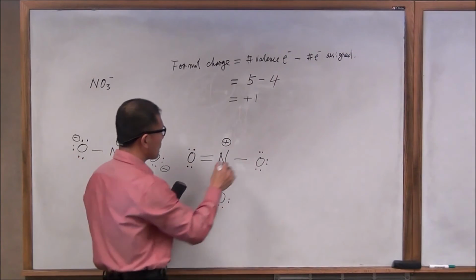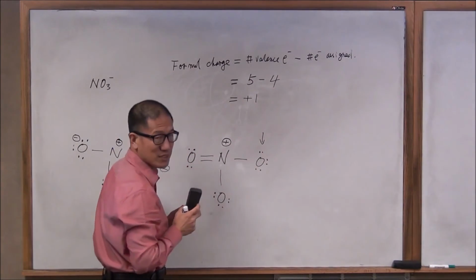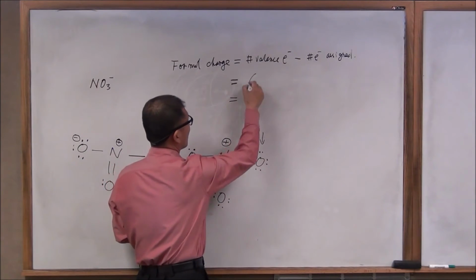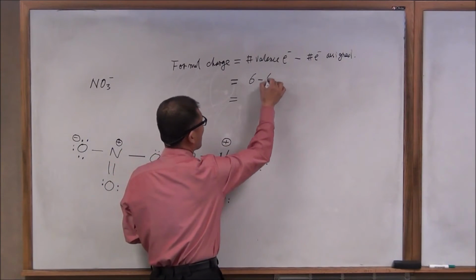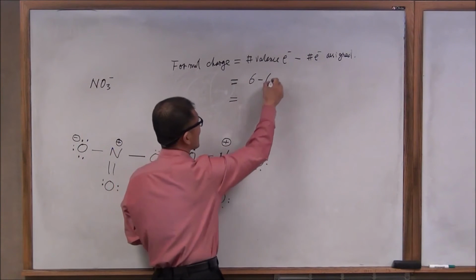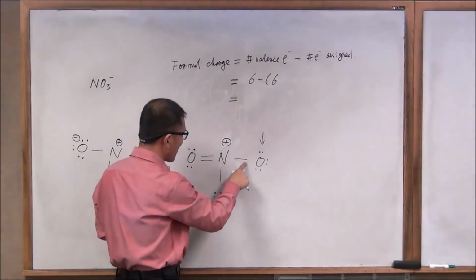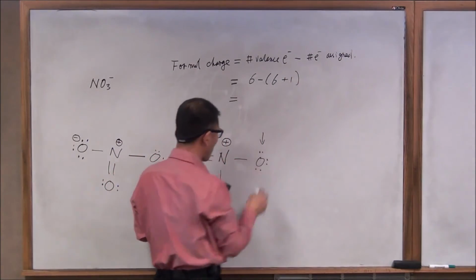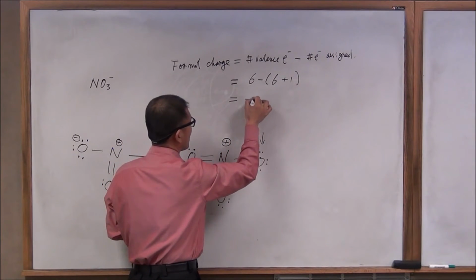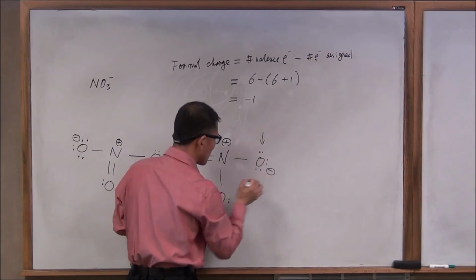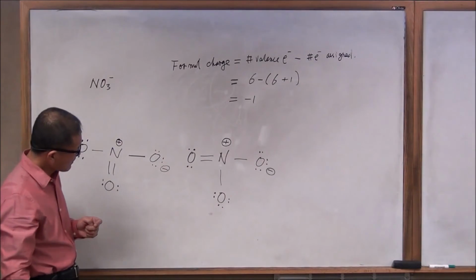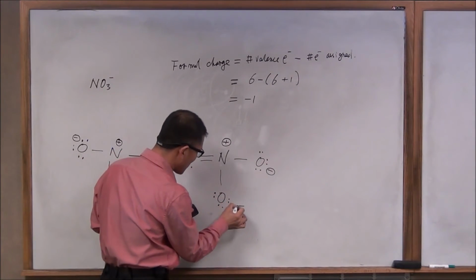And then we should calculate for the other atoms as well. So for this one, the valence electrons for oxygen will be 6, and the number of electrons assigned will be 1, 2, 3, 4, 5, 6: 6 from the lone pair, and then 1 from the shared pair. And then this will be -1. So the formal charge for this one will be -1. And the last one we're going to calculate is this one.